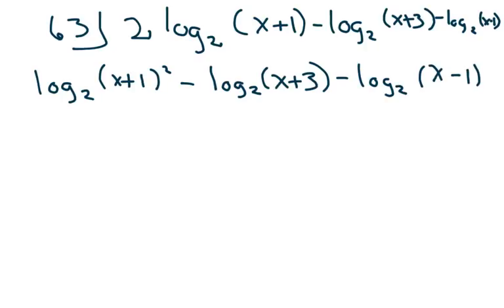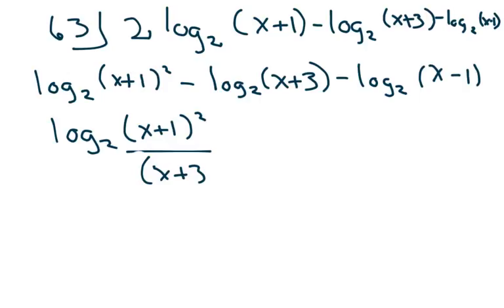Now, you have to read left to right. So basically we have log base 2 of x plus 1 squared over x plus 3 minus log base 2 of x minus 1.